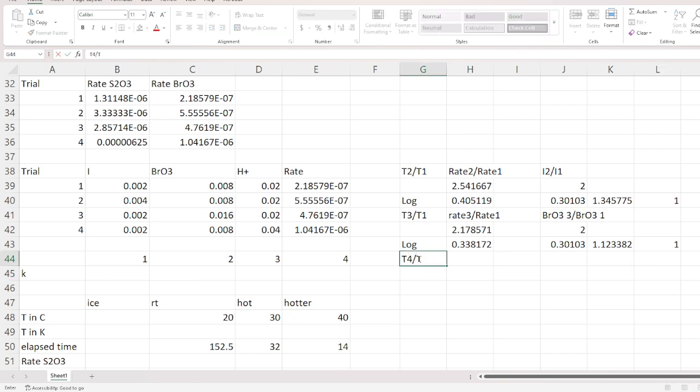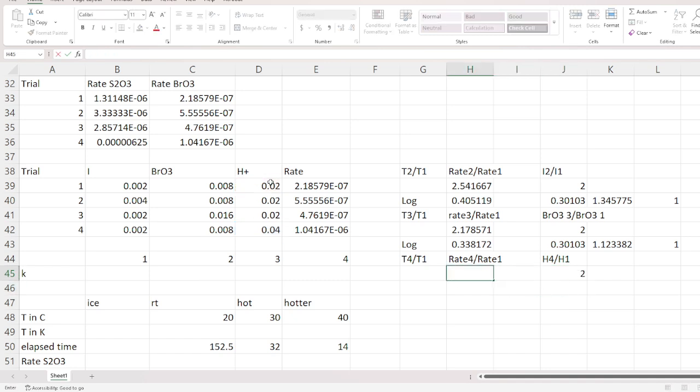Trial 4, trial 1, rate 4 over rate 1, H4 over H1. You can see where this is going. I'm doing this one more time.